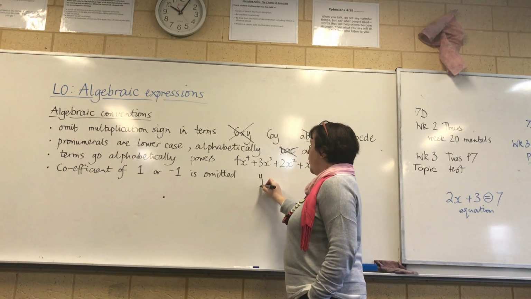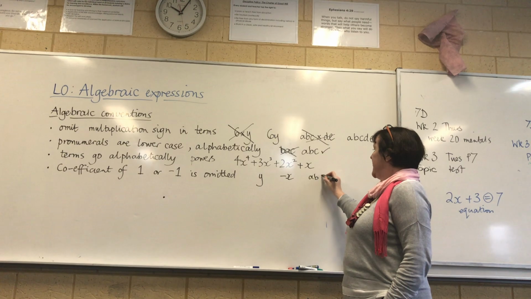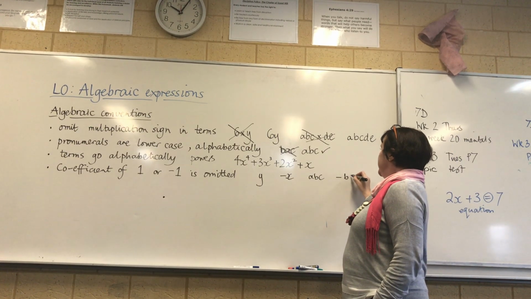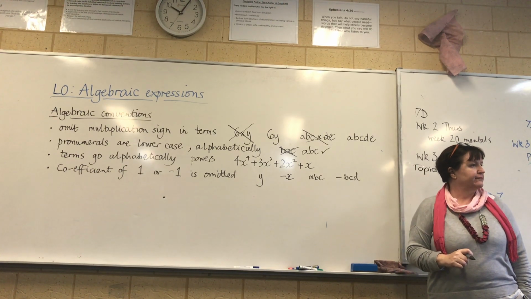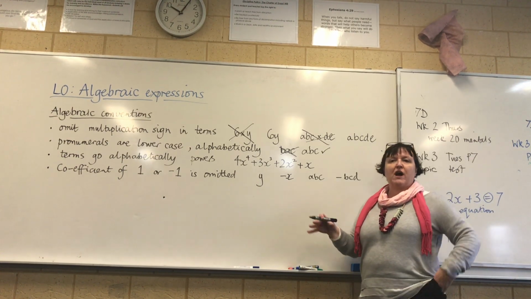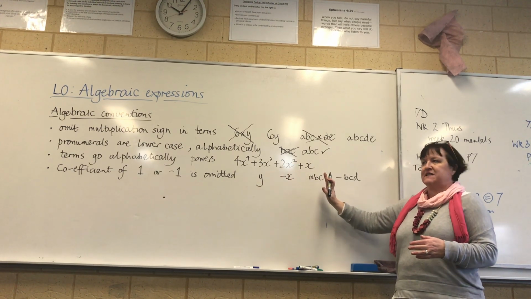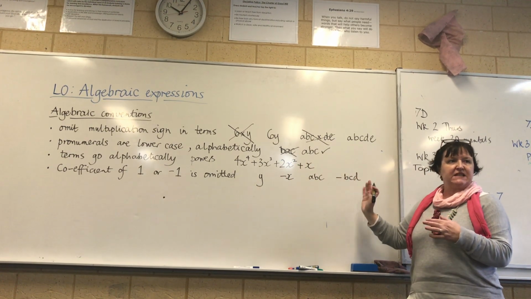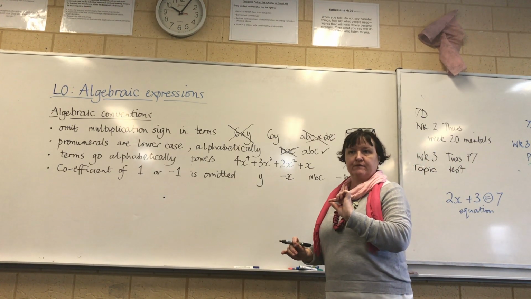So you just write y or negative x or ABC or negative BCD. So we don't write 1y or negative 1x or 1ABC or negative 1BCD. We just write the term or a negative in front of it, okay?